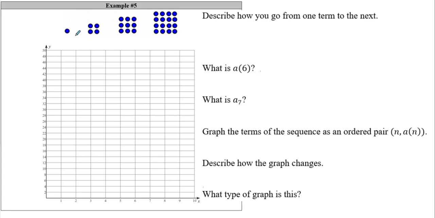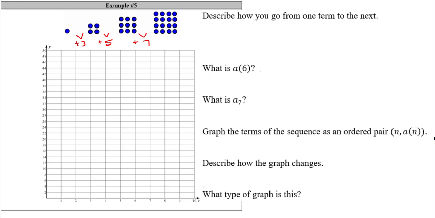Let's see, maybe if I add 3, can I add 3 again? 4 plus 3 would give me 7. Nope. 4 plus what would give me 9? Maybe 5. And then 9 plus 7 gives me 16. Oh, looks like we got a nice consistent pattern here.